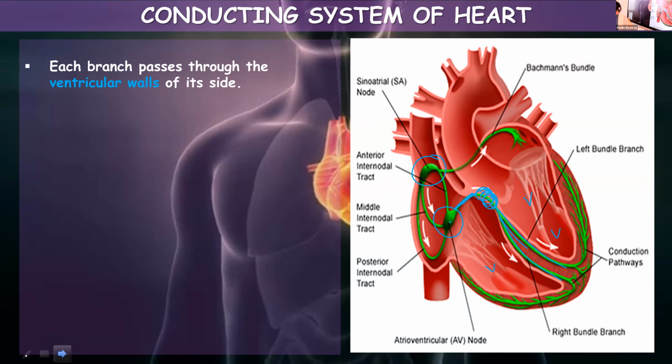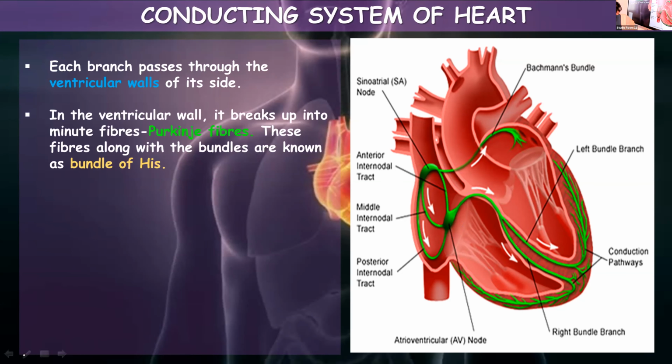And these bundles, as you can see, are moving along the ventricular walls. As given in the picture, these right and left bundles pass through the ventricular walls, and are further divided into minute branches. Right bundle, left bundle, they are further divided into smaller branches, and these branches are known as Purkinje fibers.